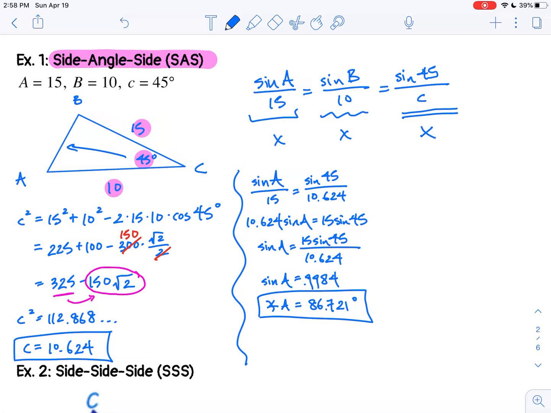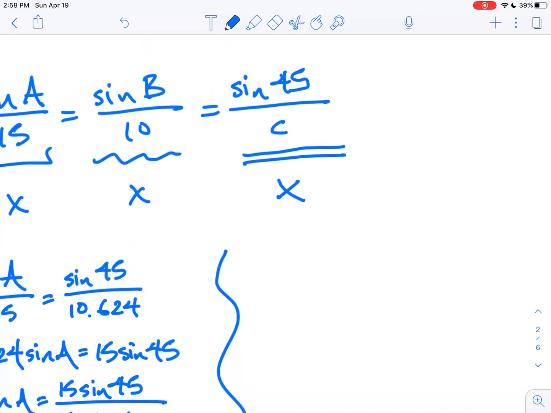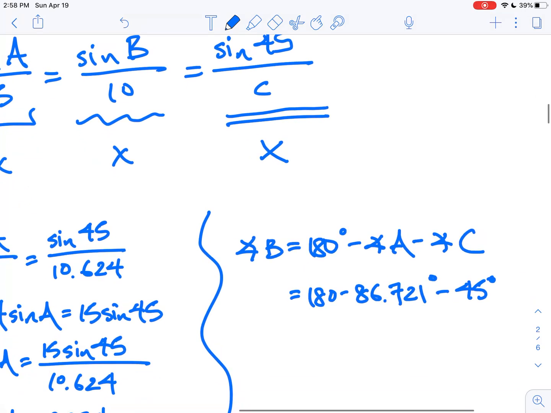All right? Now, if we've got angle A and angle C, it's super easy for us to find angle B because we just do 180 minus angle A and angle C. So angle B equals 180 degrees minus angle A minus angle C, which will give me 180 minus 86.721 degrees minus angle C, which is 45 degrees.